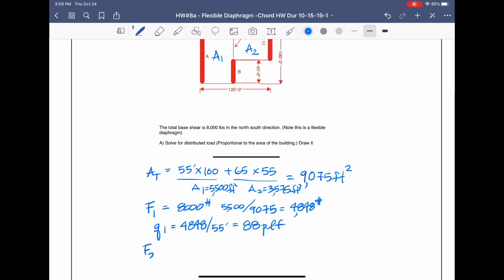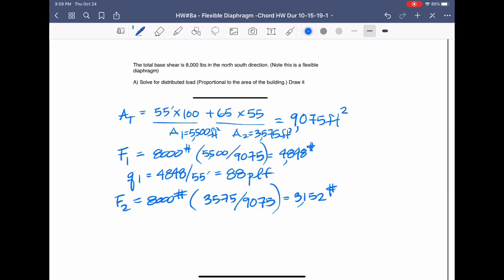F2 is equal to 8,000 pounds times A2, which is 3,575, divided by 9,075, which then equals 3,152 pounds.